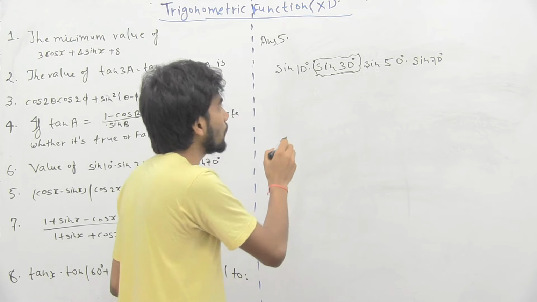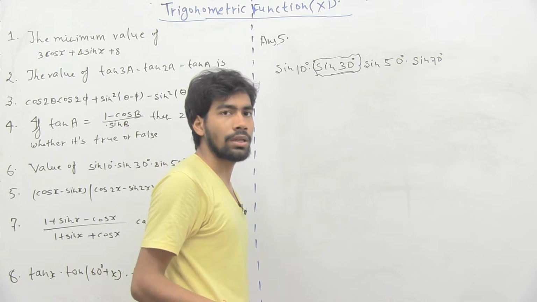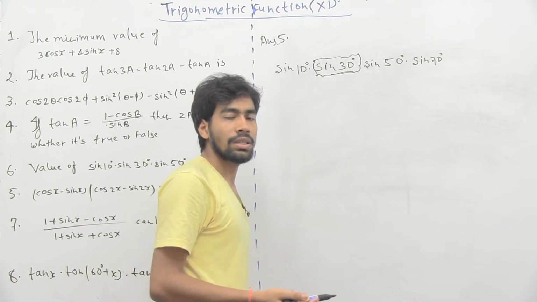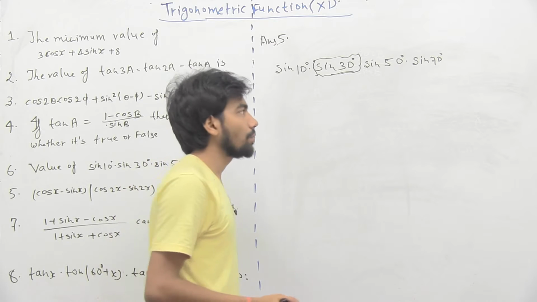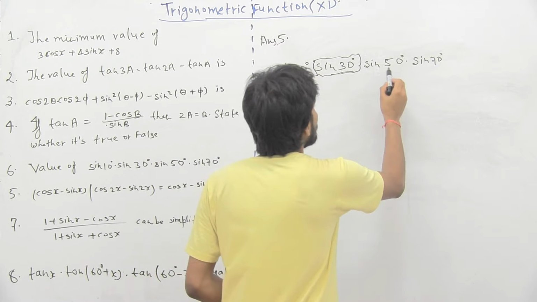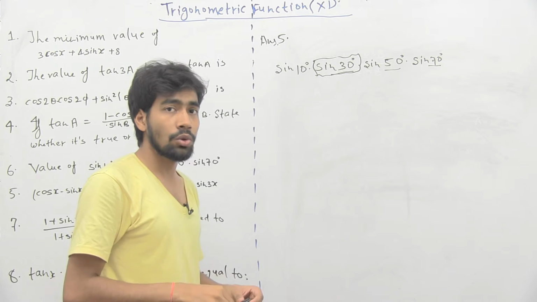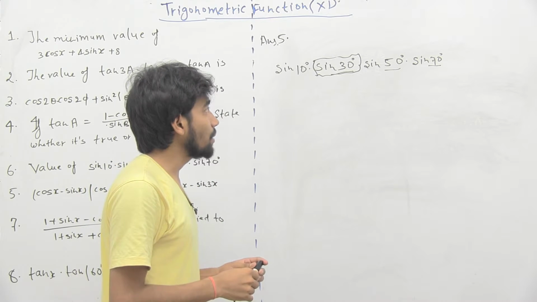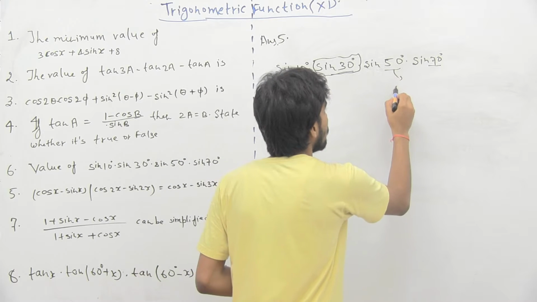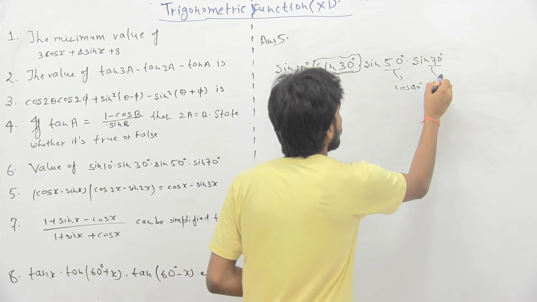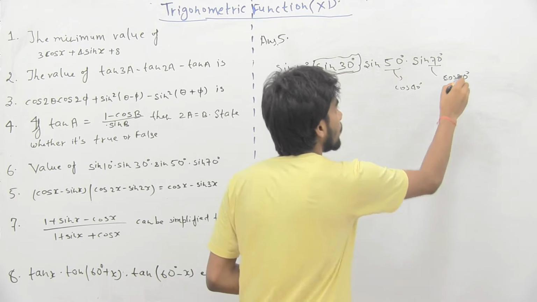So we only have sine 10 degree, sine 50 degree and sine 70 degree, whose value we cannot determine. So we have to simplify in the way so that we can easily approach the answer. So first we see that sine 70 degree can be converted into cos 20 degree, and sine 50 degree can be written as cos 40 degree, and it can be written as cos 20 degree.